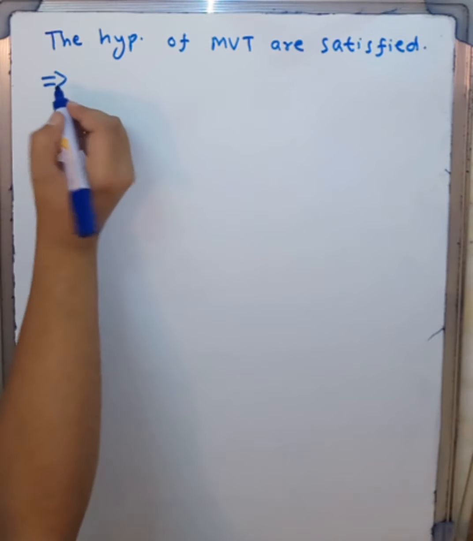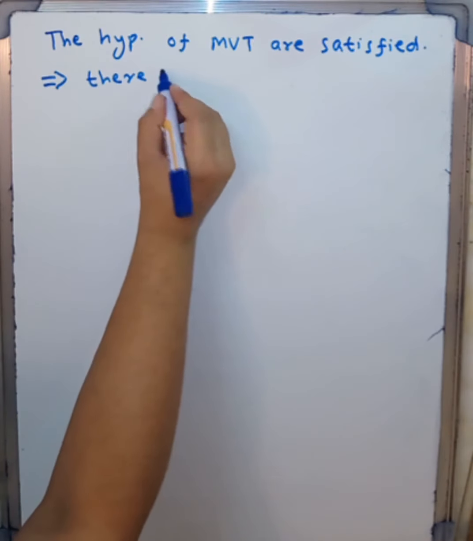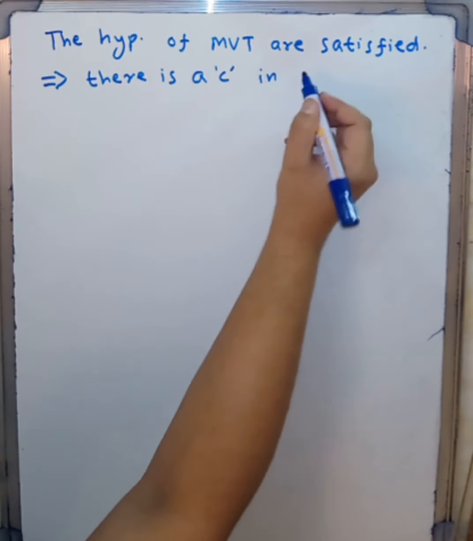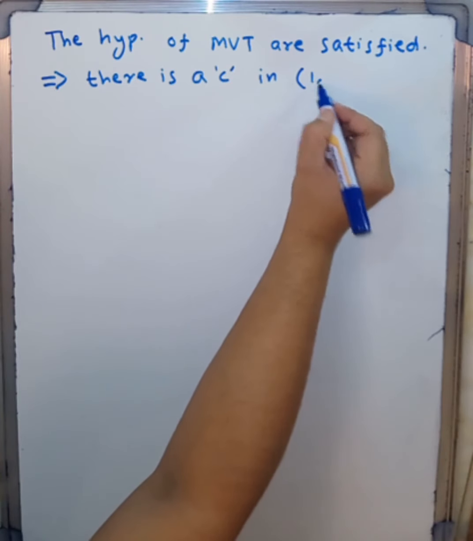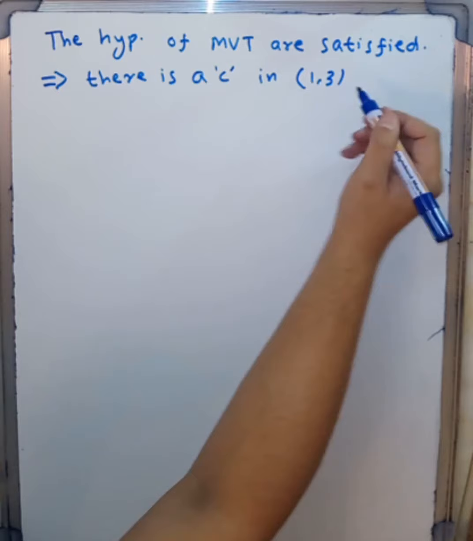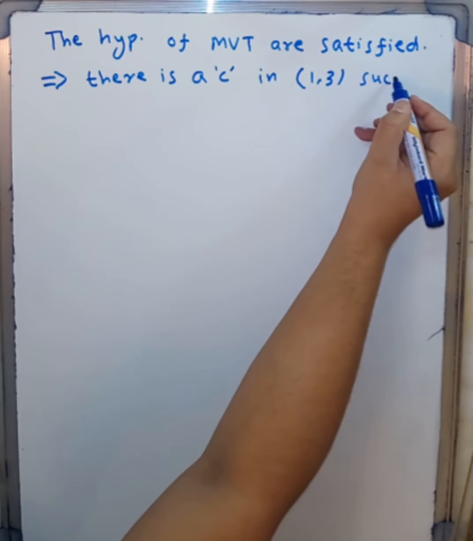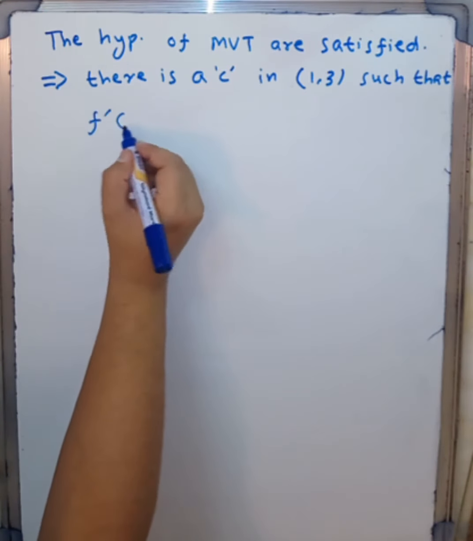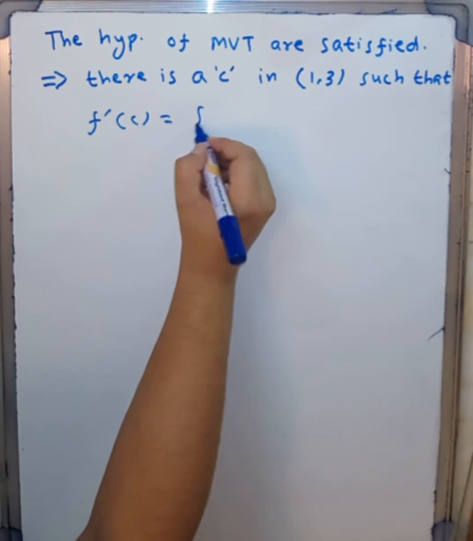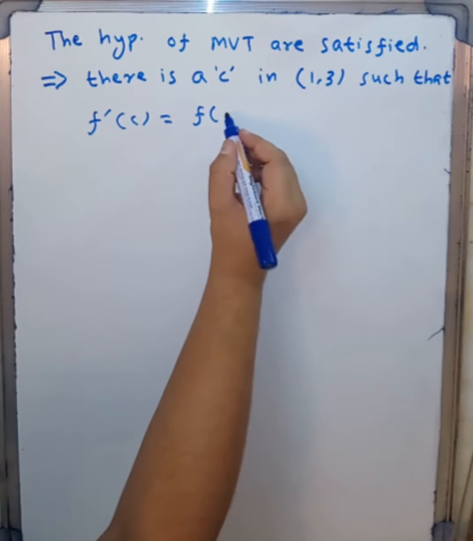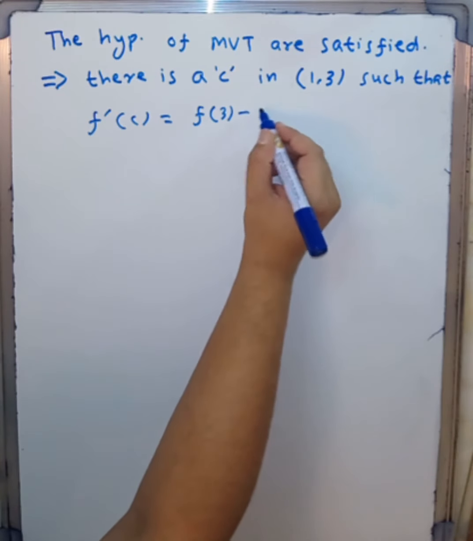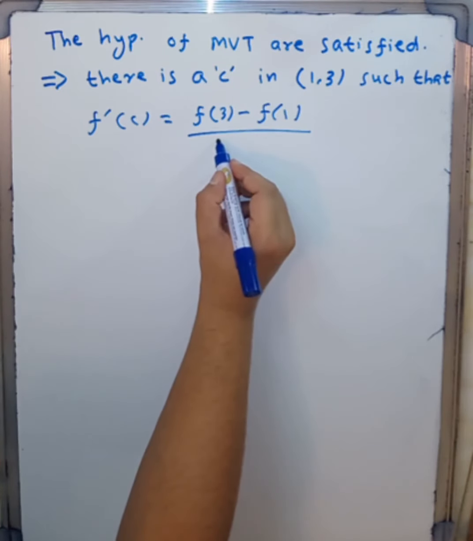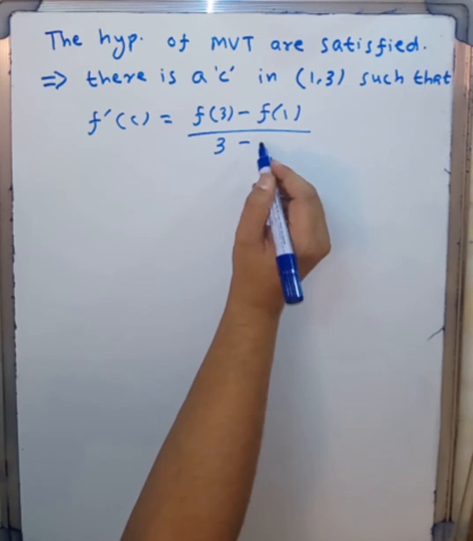This implies there is a C in the open interval (1, 3) such that f prime of C will be equal to f(b), that is f(3), minus f(a), that is f(1), divided by b, that is 3, minus a, that is 1.